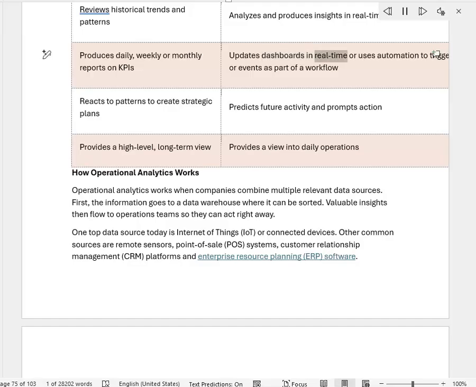Operational analytics updates dashboards in real time or uses automation to trigger decisions or events as part of a workflow. Business analytics reacts to patterns to create strategic plans. Operational analytics predicts future activity and prompts action. Business analytics provides a high-level, long-term view. Operational analytics provides a view into daily operations.